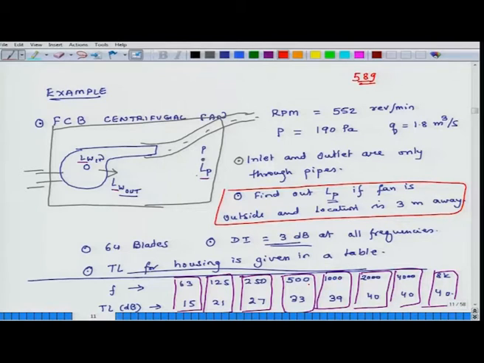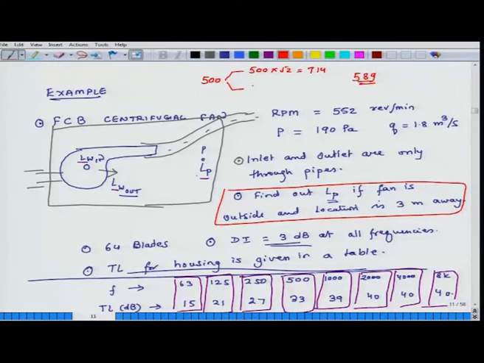You can compute the band limits: the lower limit of the 500 hertz band is 500 divided by root 2, which is about 357 hertz, and the upper limit is 500 into root 2, which is about 714 hertz.